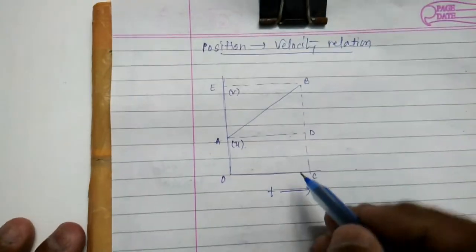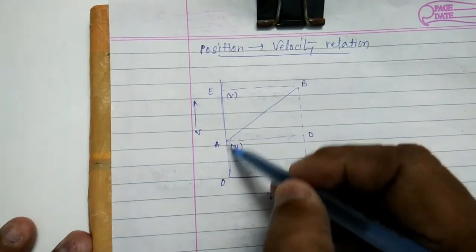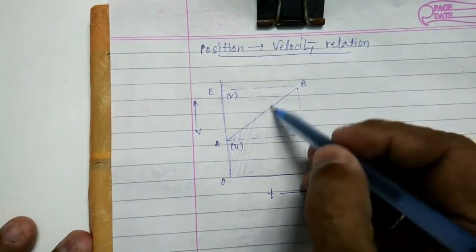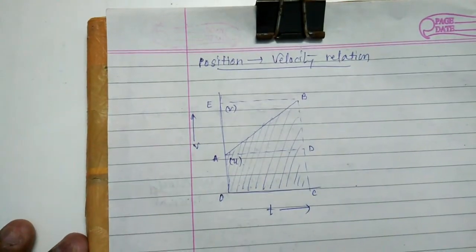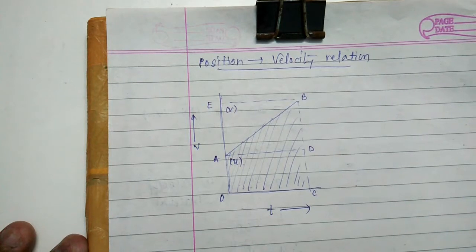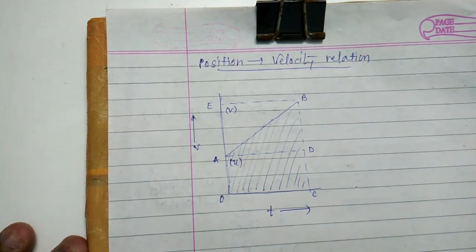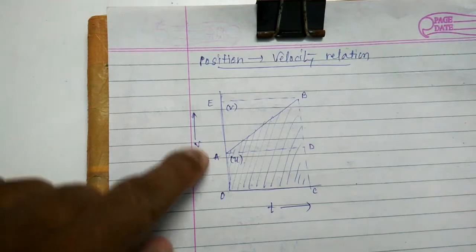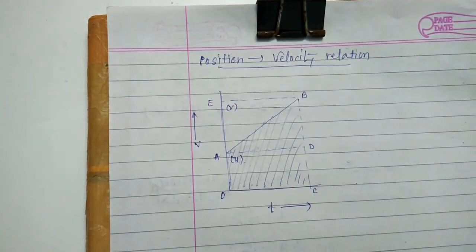This is time and this is velocity, and under this graph the area of this region is called distance traveled. From the same graph, the distance traveled by the object in time t moving under the uniform acceleration A is given by the area enclosed within the graph. So O, A, B, C, D, same thing.